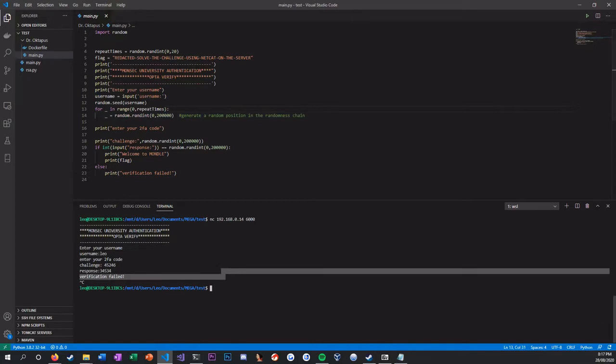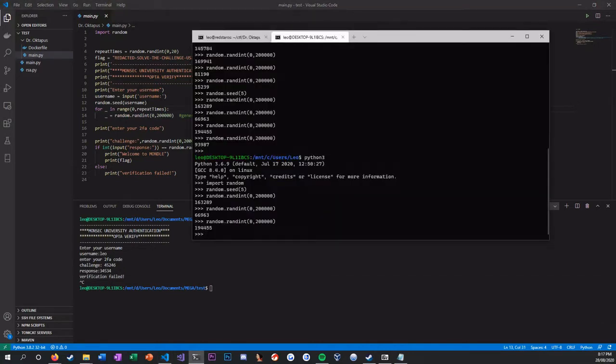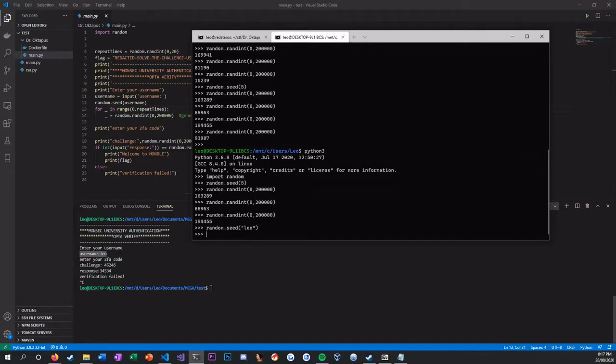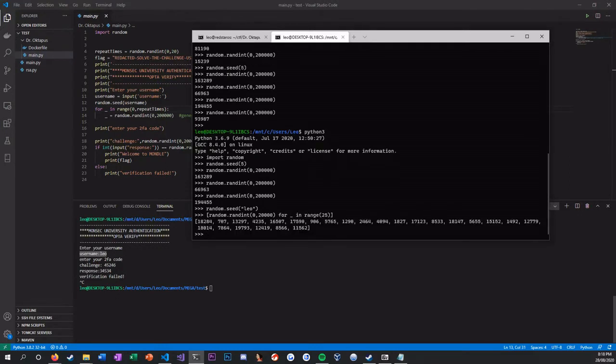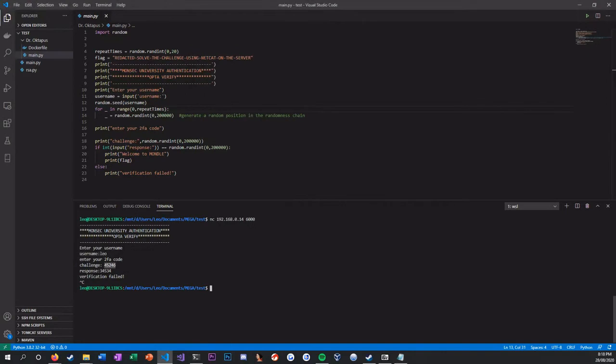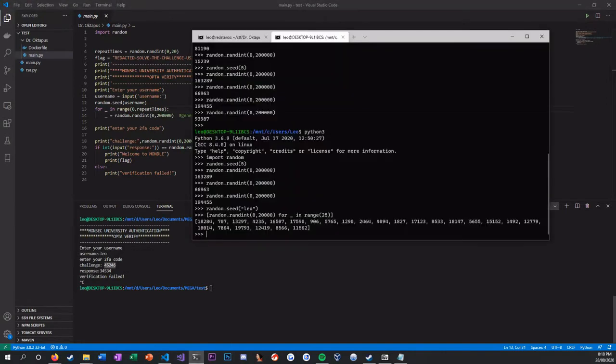and we need to figure out where we are roughly. And so let's just seed it with our name, which we've already provided here. So if we random.seed with our username Leo that we've already given, and then let's say we do this. And you might see the challenge here is 45246.